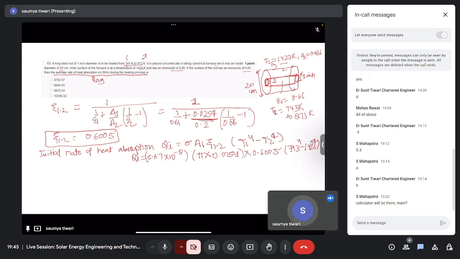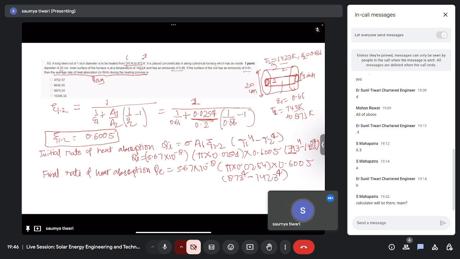Similarly, what will be the rate of heat absorption at the end? Same formula, just this temperature will change. So it will be 5.67 into 10 to the power minus 8 into pi into 0.0254 into 0.6005 into T1, which is 873, to the power 4 minus 1423 to the power 4.